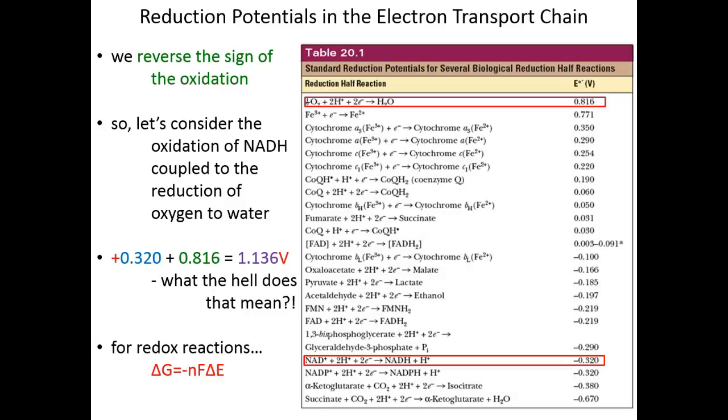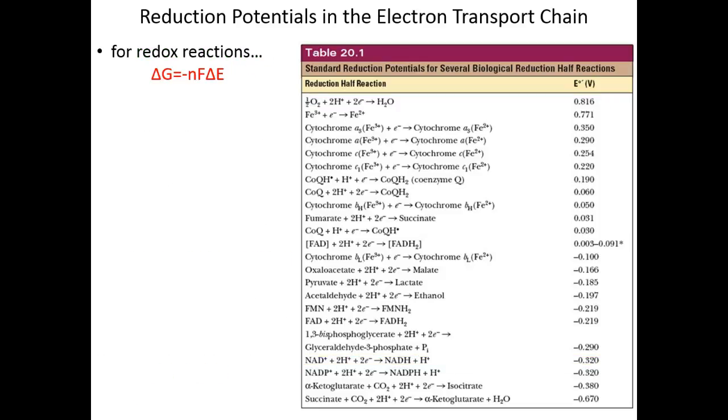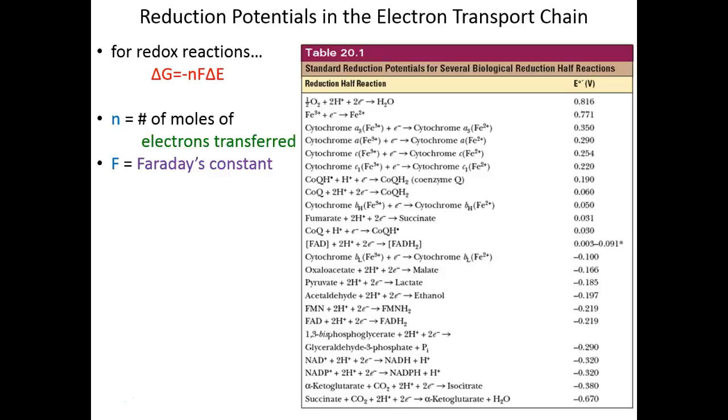Well, for redox reactions, we can follow the formula that delta G equals negative n times Faraday's constant times delta E. Again, n is the number of moles of electrons we've transferred.